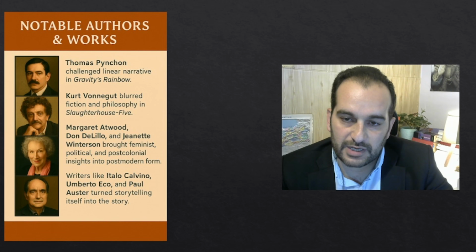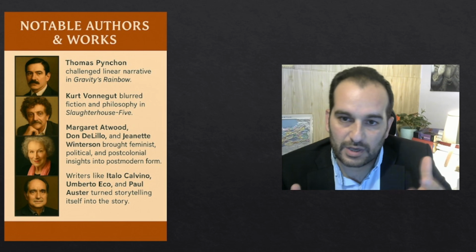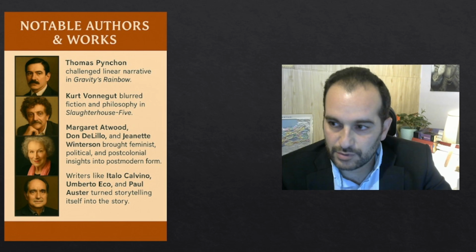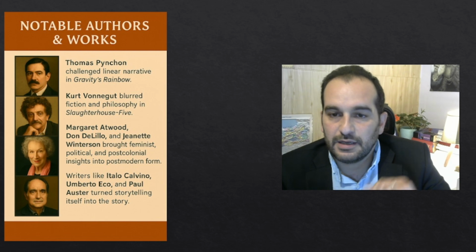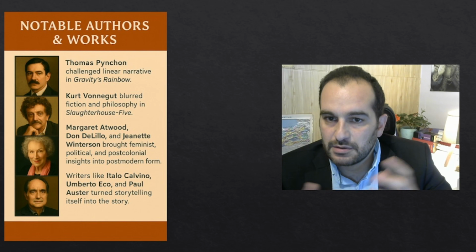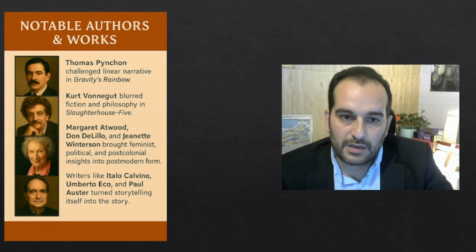So here I just chose Margaret Atwood, Kurt Vonnegut, and many other writers. You may include your own contemporary authors or the ones that you think were important, like Zadie Smith and Khalid Hosseini and many other writers.